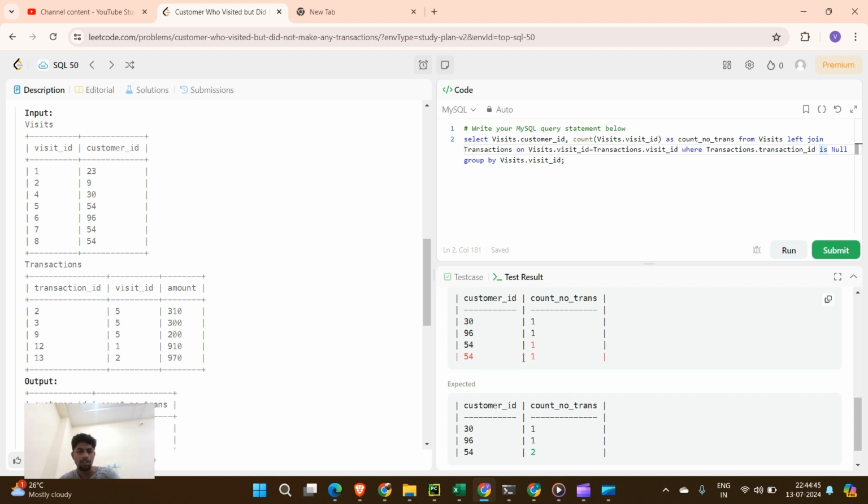Why is this one different? It should be customers dot customer ID.